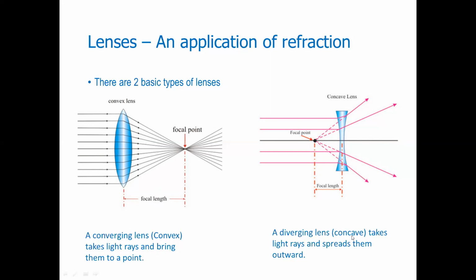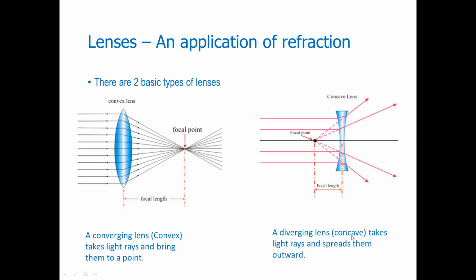And in case of a concave lens, it is just an imaginary point from which we can say the transmitted rays appear to emerge. We can just imagine this point, and then the distance from this point to the normal of the lens is called the focal length.